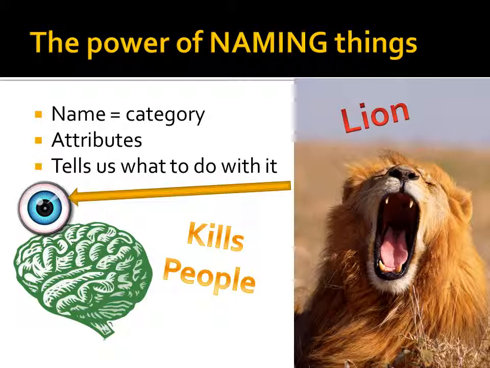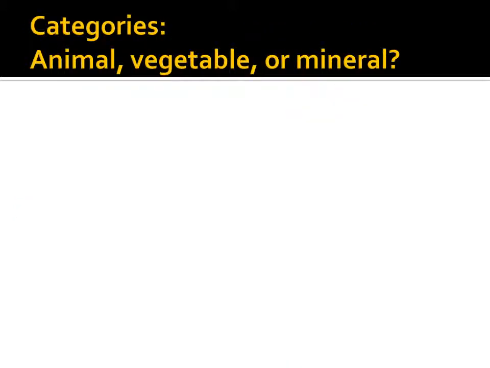So what do we do with it? We run away. And this is the power of naming. Naming associates all of this with our brain. This video is going to be talking about the very first part, seeing something and attributing the right name to it, and hopefully will help you with the rest of the process.